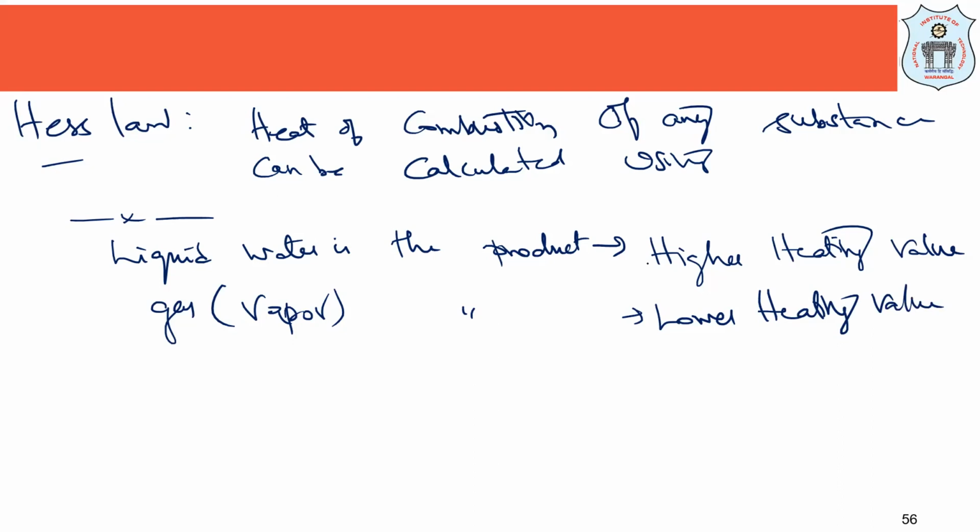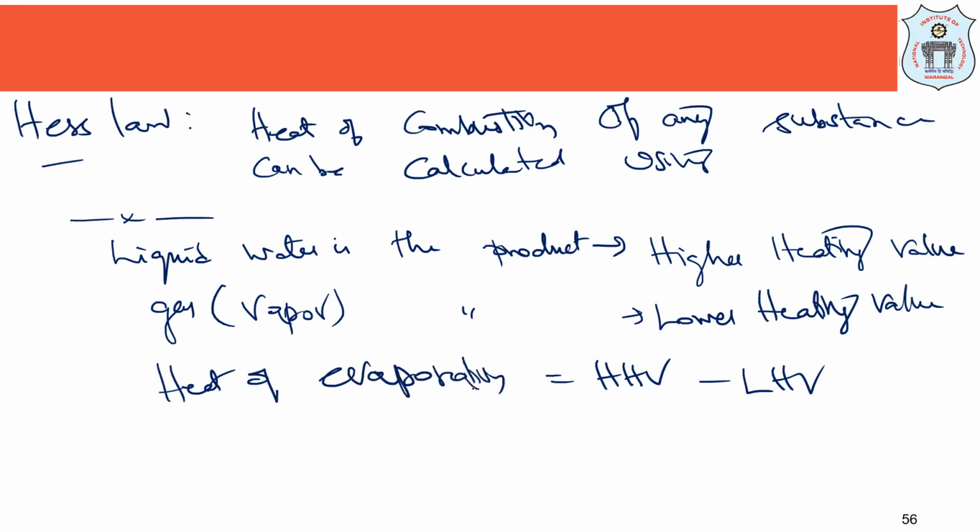And the difference between the higher heating value and lower heating value is nothing but the heat of evaporation. For example, for water, 286 kilojoules minus 241 kilojoules, given by 45 kilojoules per gram mole, is the heat of evaporation of water. So that way we can get the heat of the reaction or heat of evaporation. Everything can be calculated.